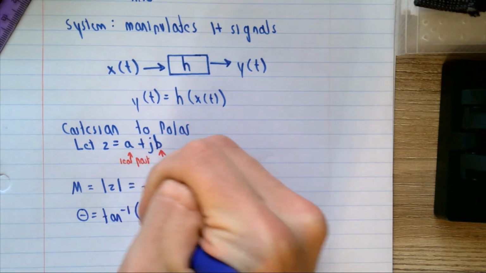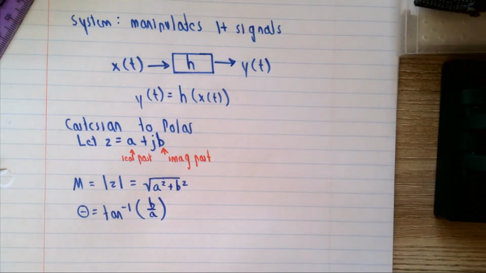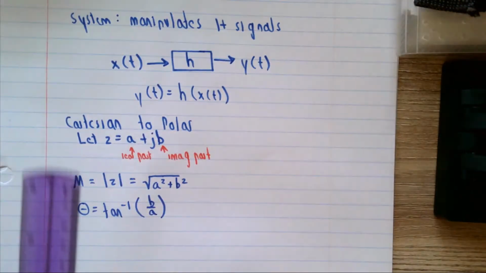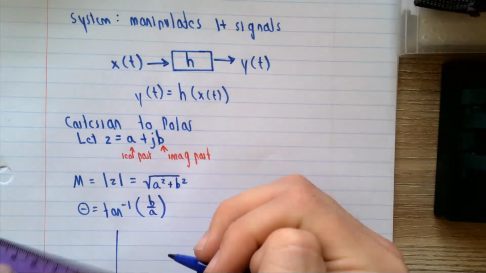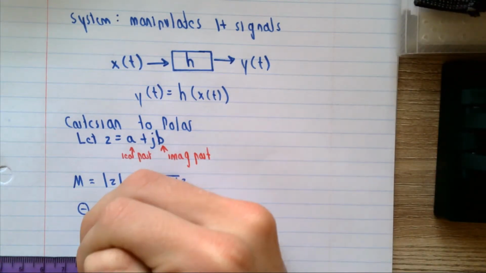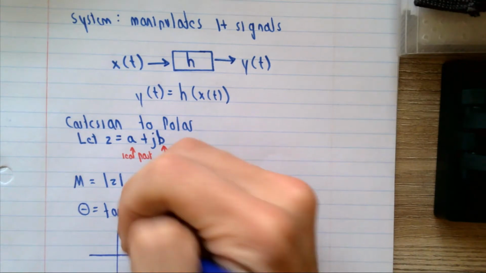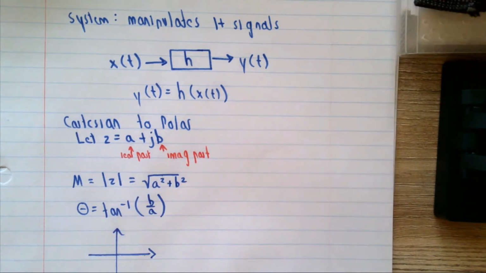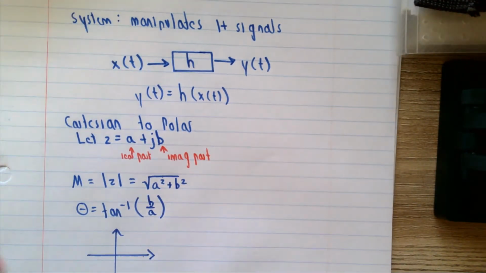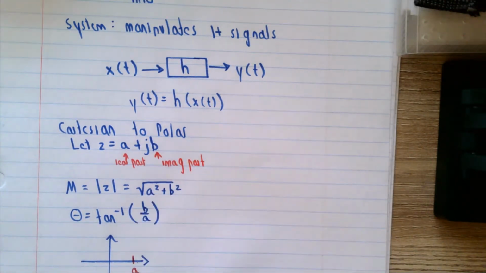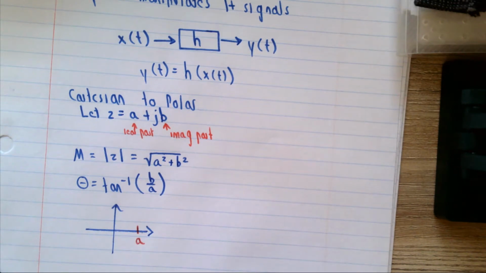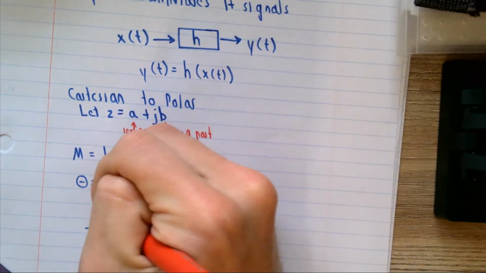How you're going to see this in an actual representation here is, for our Cartesian coordinates, you travel a in the x direction, so I'm just going to have an arbitrary point, call this a, and then you travel b in the y direction because that's along our imaginary axis, so this would be jb.